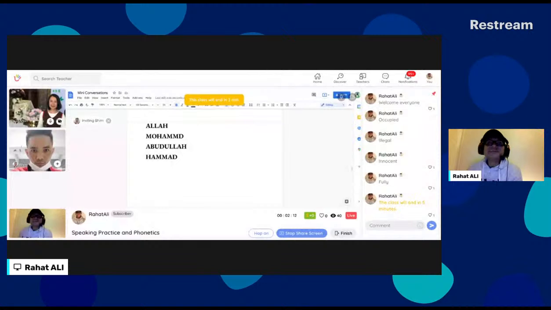When you're pronouncing, it is like this: double L, one L is gone; double M, one M is gone. So it becomes Allah, Muhammad, Abdullah, Hamad. A native will pronounce like this, okay?